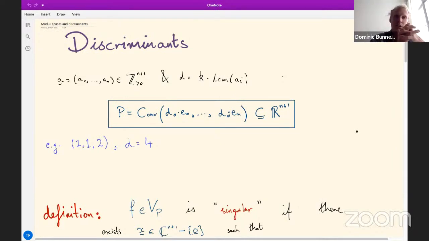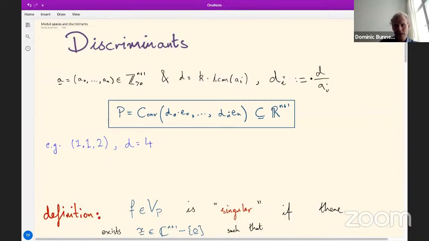Okay, so we're going to fix a vector called A. Again, it's a collection of n+1 non-negative integers, and we're going to say D is equal to some multiple of the lowest common multiple of all of these weights. Further, we need to define Di. We're going to define Di to be D divided by Ai.